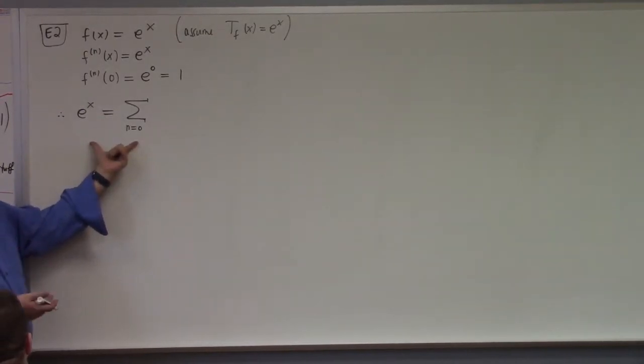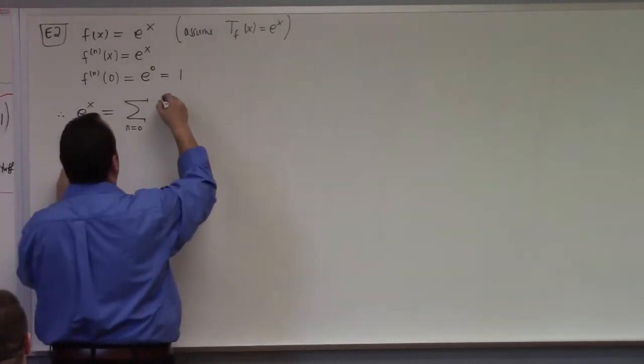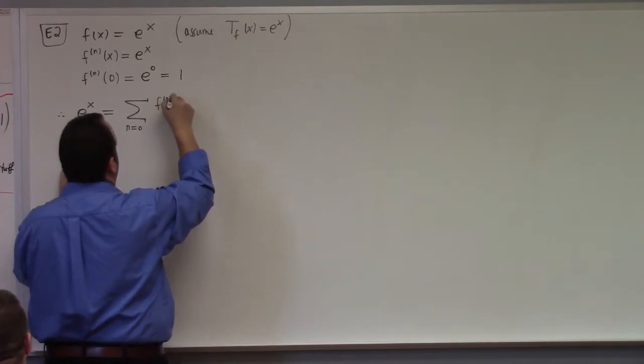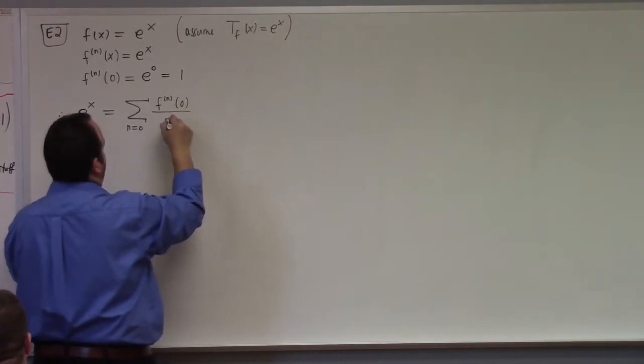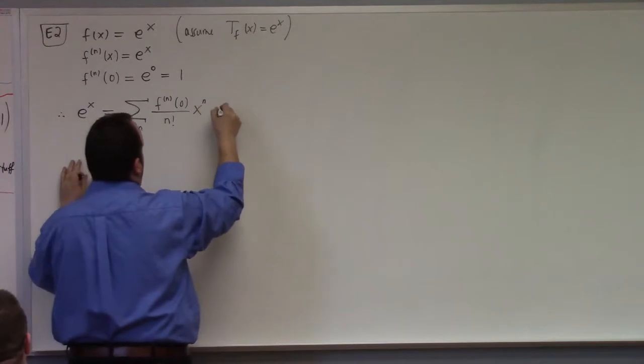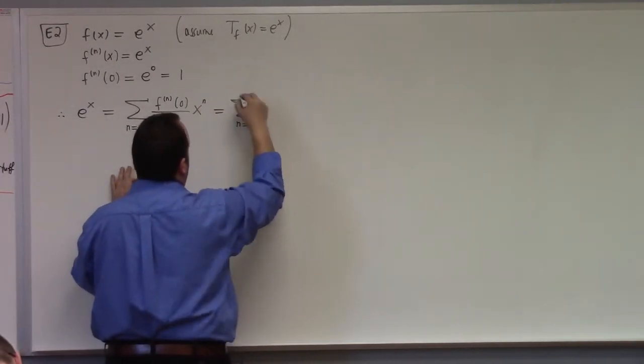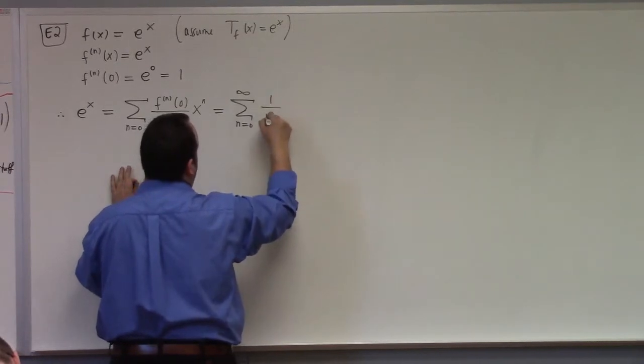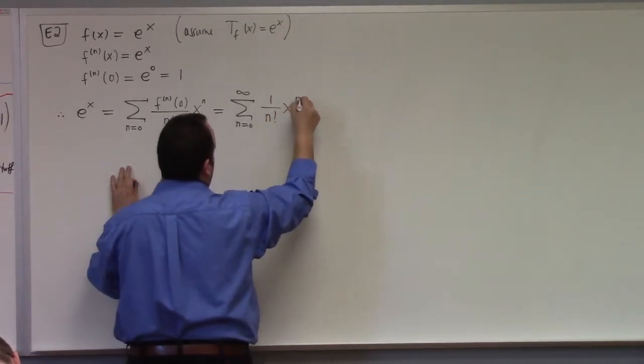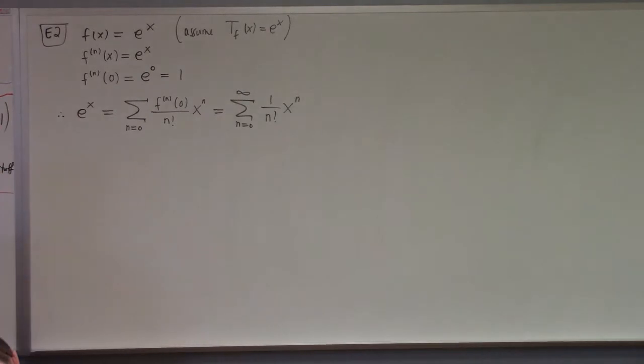So what is the formula here? We have the nth derivative at 0 over n factorial times x to the n, and that's exactly just the sum, n equals 0 to infinity, of 1 over n factorial x to the power n. There you go.